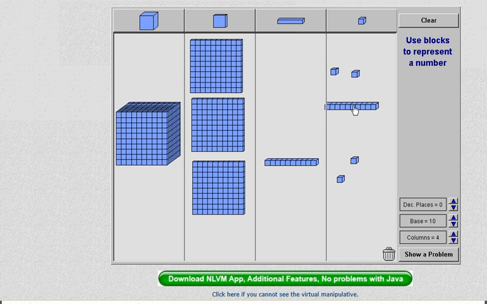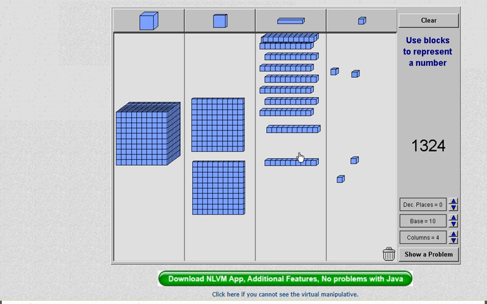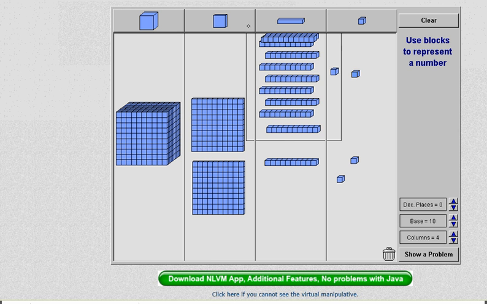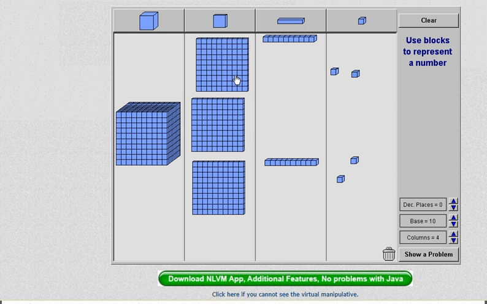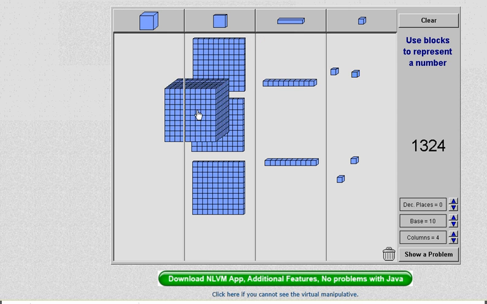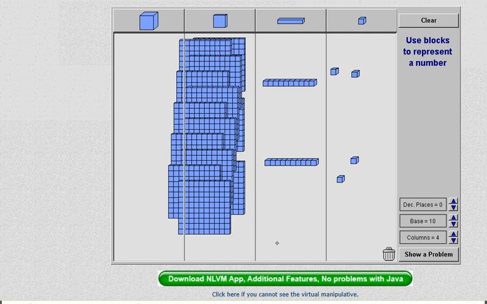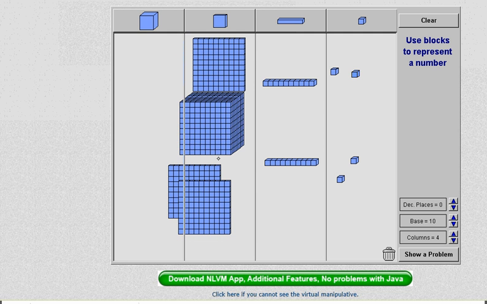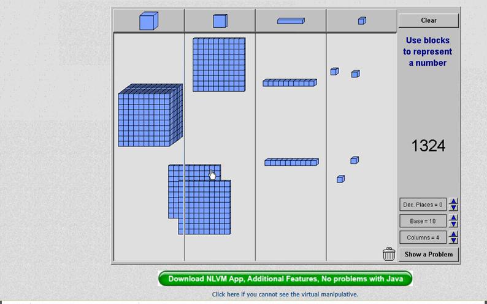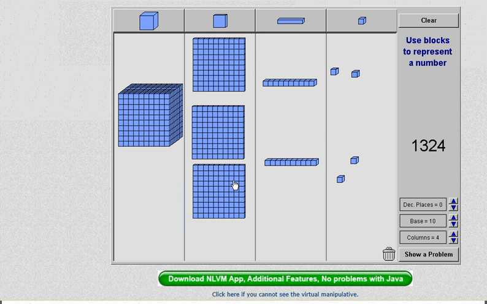And so we have this place value, tens. And 100 is really 10 tens placed together. So we have this place value of 100. And again, 1,000 is really 10 hundreds all stacked together. And so here they are over here. So again, that's how these numbers are related.